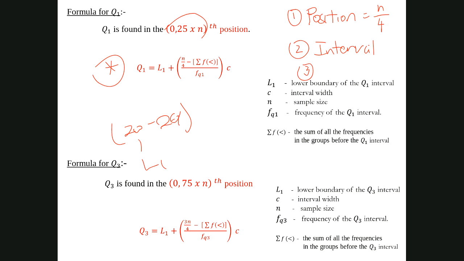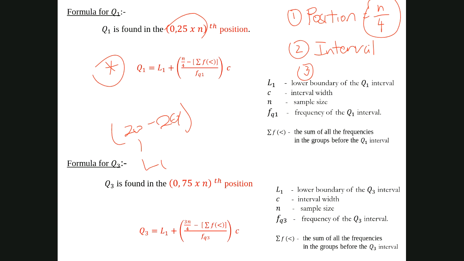So L1 plus, and then in brackets you have a numerator that says n over 4, which is the position, minus the sum of the frequencies in the groups before the group you selected. And then your denominator, you have the frequency of the group you selected. And on the outside, you have C, which is your interval width. So again, we're pretty much using the exact same idea as with your median. Three steps: position, interval, and then calculating using the relevant formula.